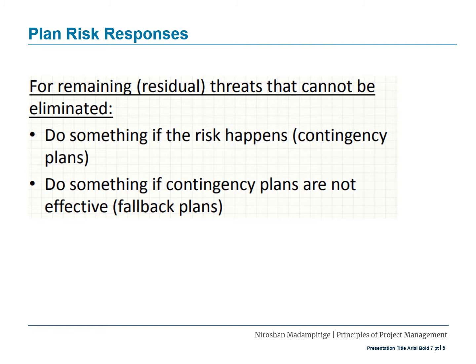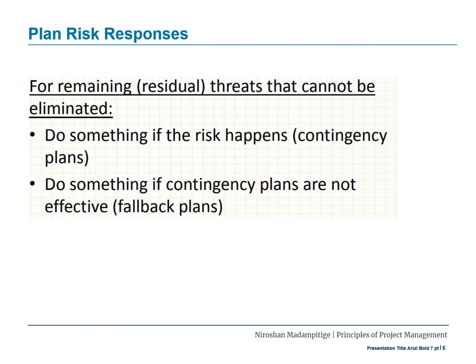For the remaining threats that cannot be eliminated, what do you do if there are risks that cannot be fully eliminated? Well, you could do something if the risks happen, for example, contingency plans.